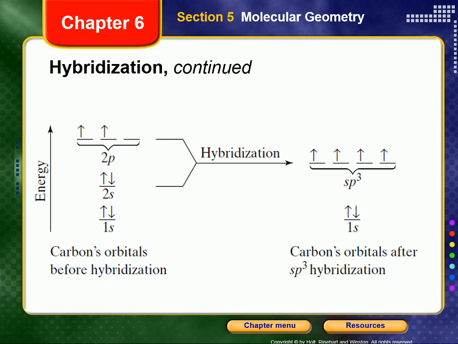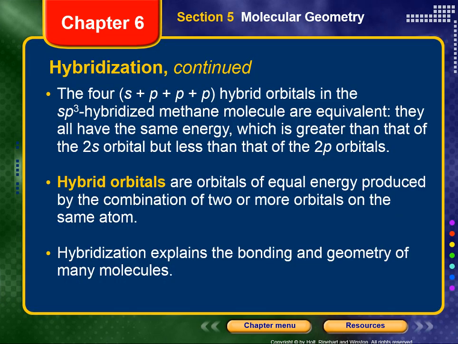The sp3 orbitals all have the same energy, which is greater than that of the 2s orbital, but less than that of the 2p orbitals, as is shown in figure 6-23 on page 188 of your text or on the screen now. Hybrid orbitals are orbitals of equal energy produced by the combination of 2 or more orbitals on the same atom.